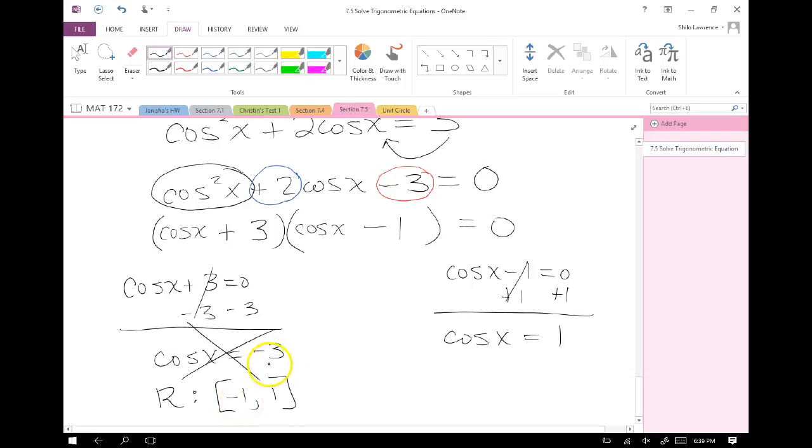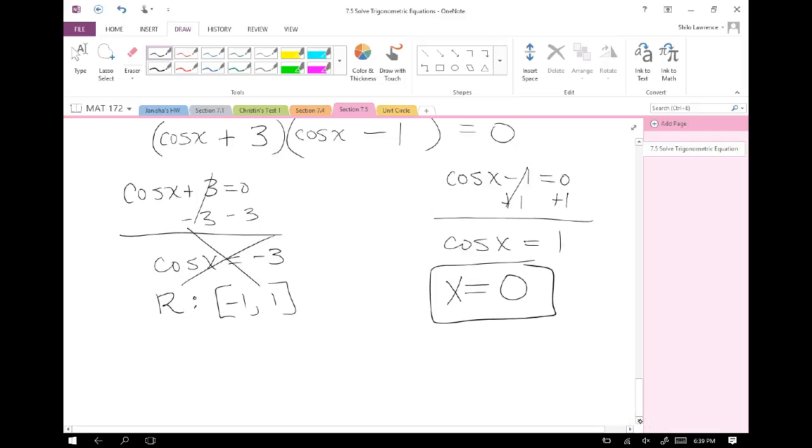You will never get back negative 3 as the answer to a cosine value, ever. That's why we can't find it. And then for this one, the only time this happens is at 0 radians. So just one answer. Let's try another one like this where we have to do that trinomial factoring.